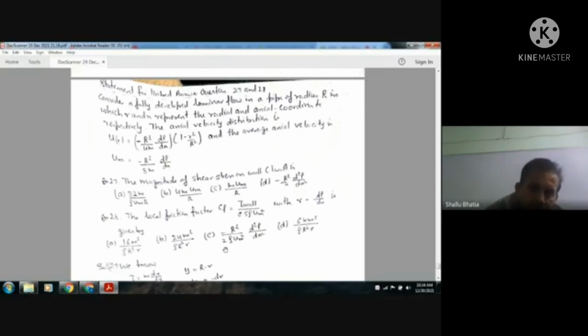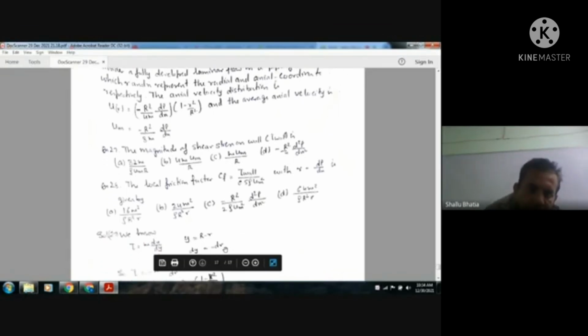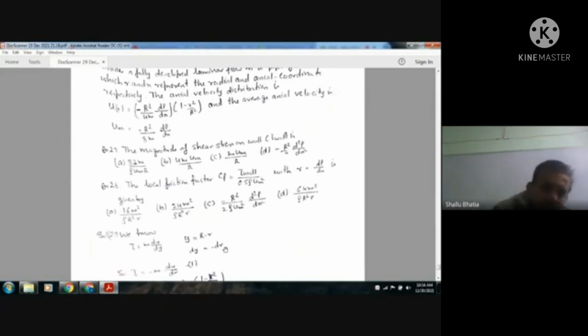The magnitude of shear stress on the wall, tau wall, is, and these are the options. The local friction factor CF is tau wall by 0.5 rho um square. We have to get an answer according to the options.